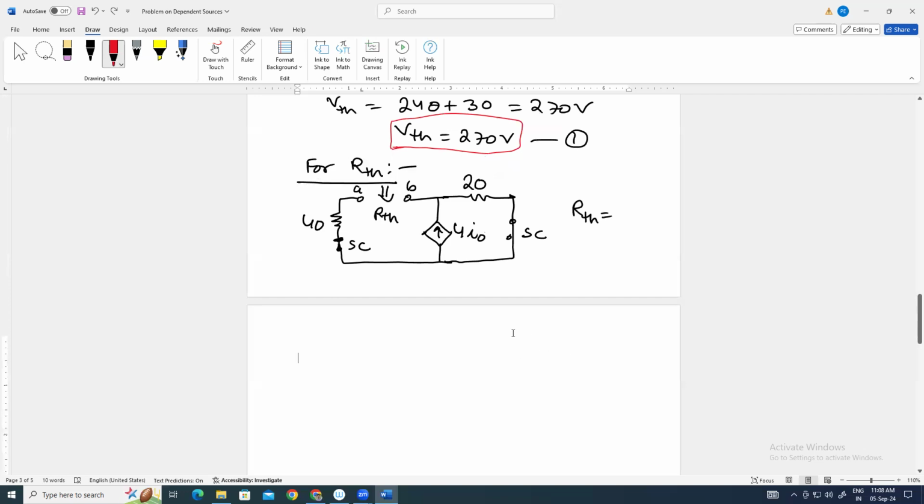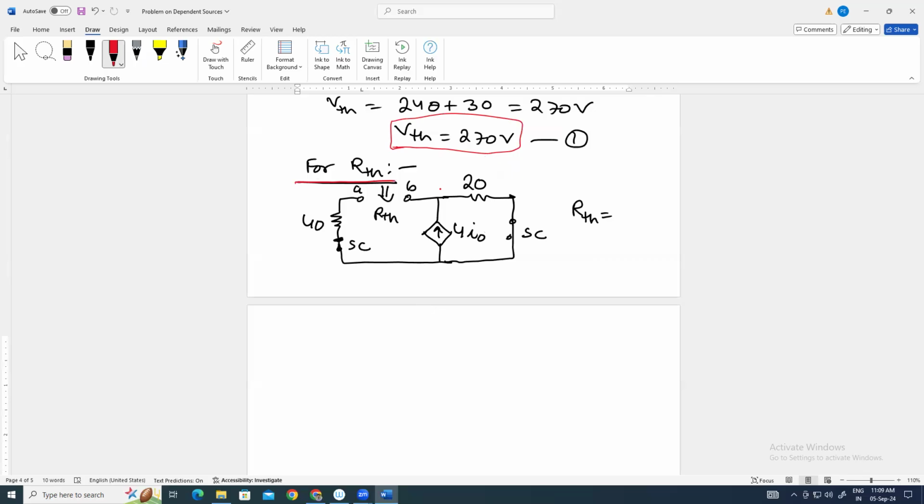Okay, so for RTH, as per Thevenin's theorem procedure to calculate RTH, we know that we have to make open circuit just like VTH.